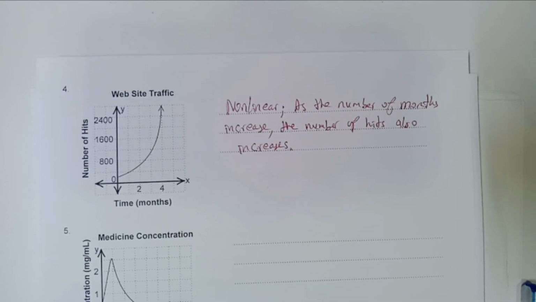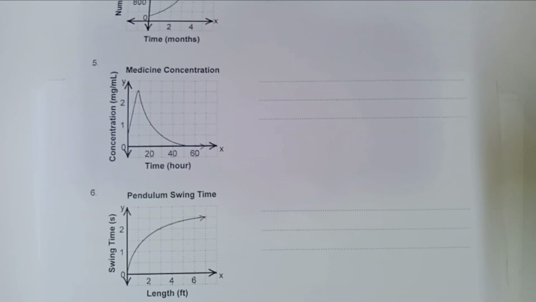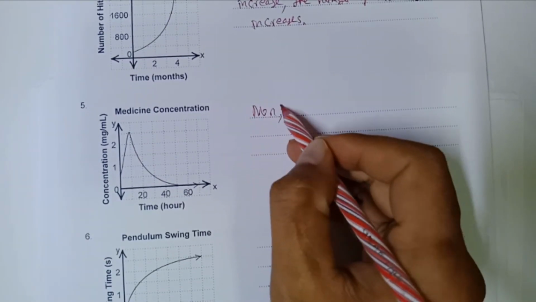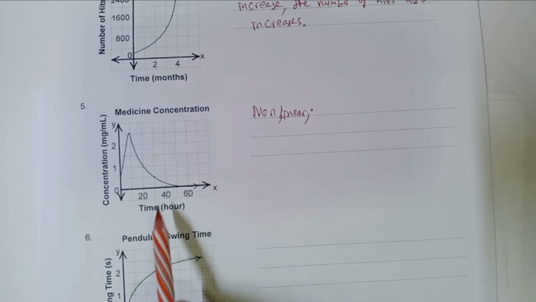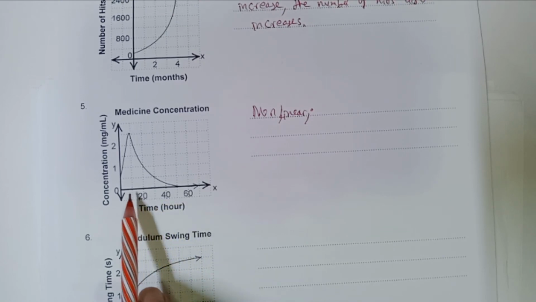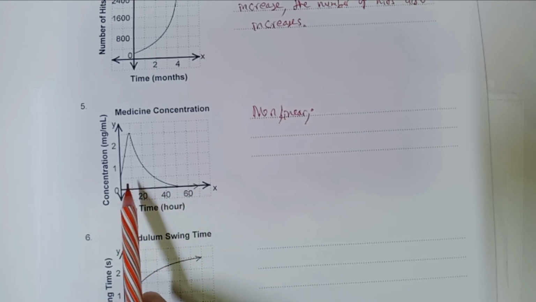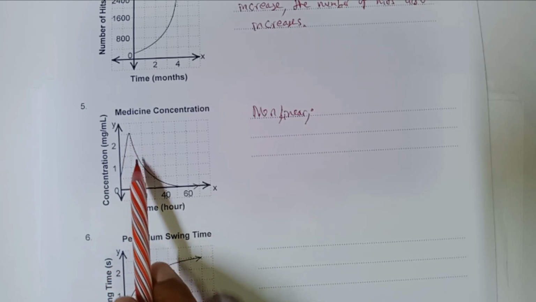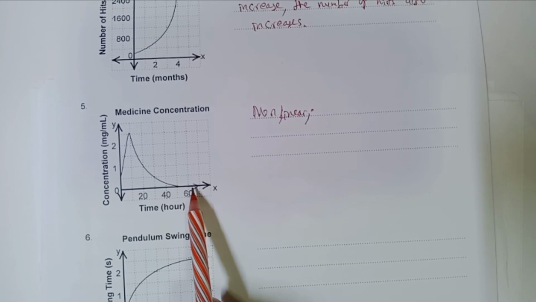Number 5 is about medicine concentration. Okay, this is non-linear. And then as you can see, as time increases, the concentration begins to drop down until there is none left, at 0, no more concentration at all.